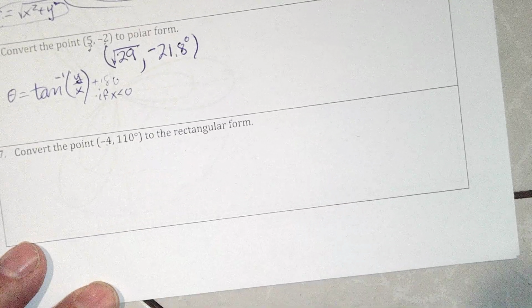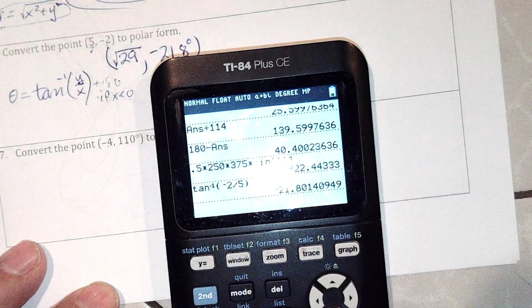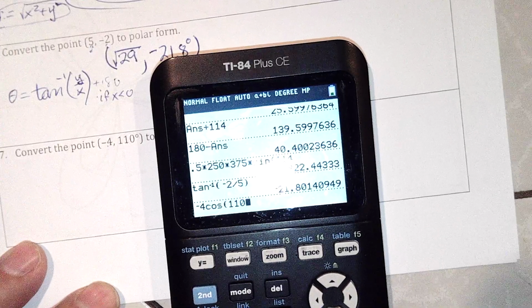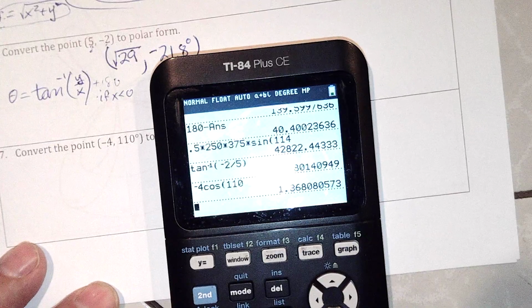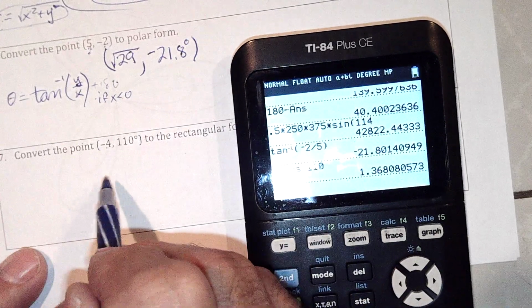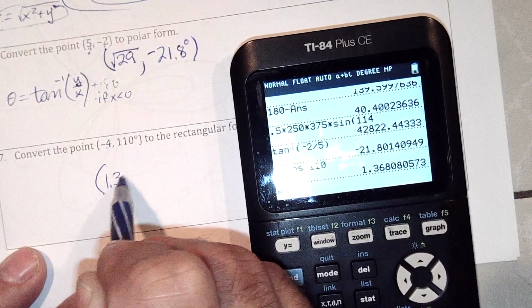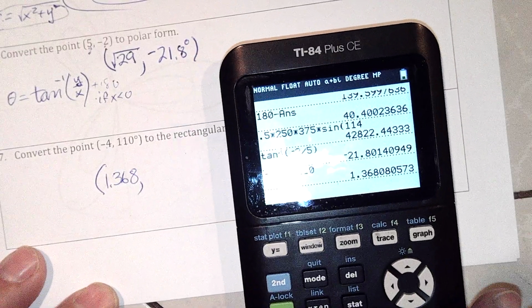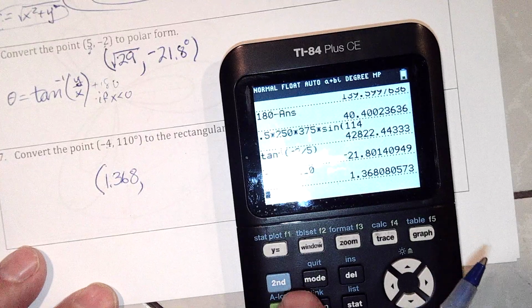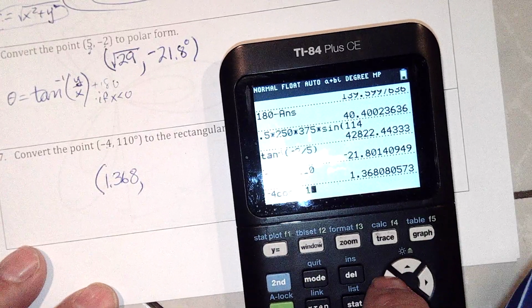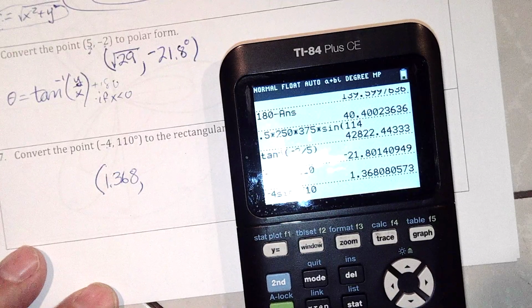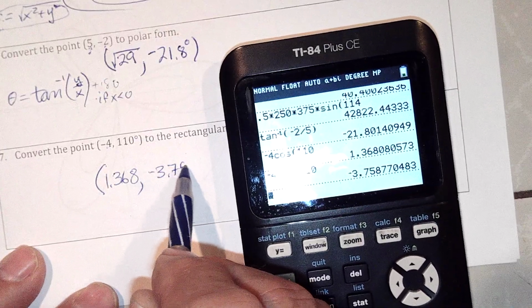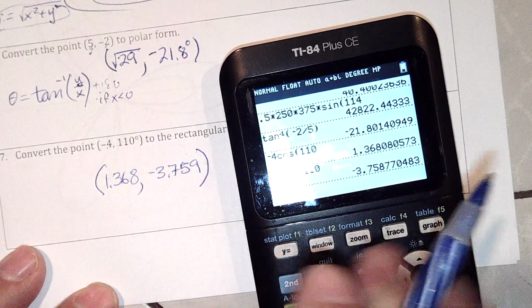So we're going to do r, negative 4, cosine 110, and x is 1.368, and y is, I just have to change the cosine to sine, and it's negative 3.759 approximately.